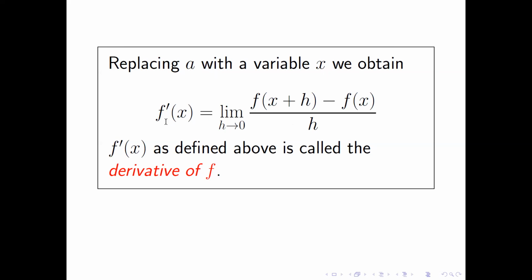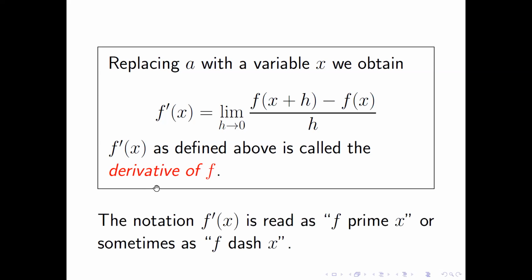So then we get this formula, which is f prime of x equal to the limit when h approaches 0 of f of x plus h minus f of x over h. And this is just the derivative. This notation is just the derivative of our function f.